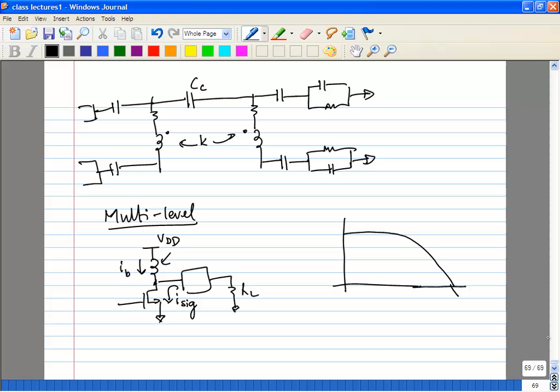There are cases where, if you use inductors, you can get a response which looks something like this. You can get a little bit of peaking. This is your original RC 3 dB bandwidth, and this is your new bandwidth. So you can get some bandwidth increase if you use inductors.